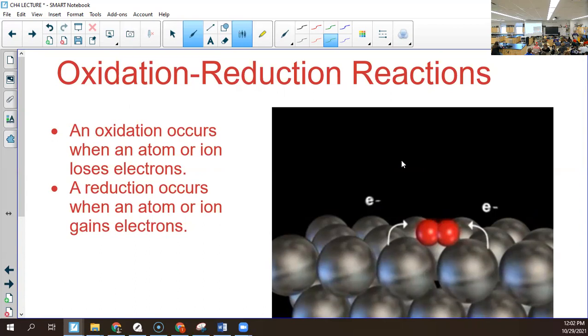How are we being reduced when we're gaining something? Any ideas? It lowers the charge because the thing we're gaining is an electron, right? So if you have more electrons, you have more negative charge, or you've been reduced.